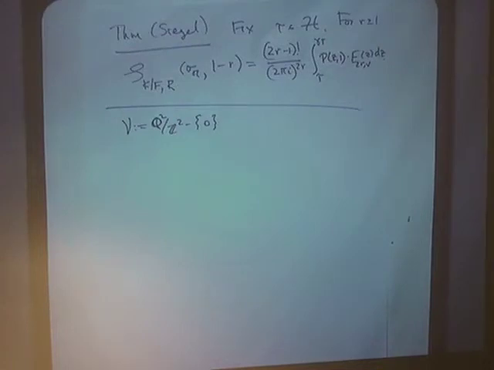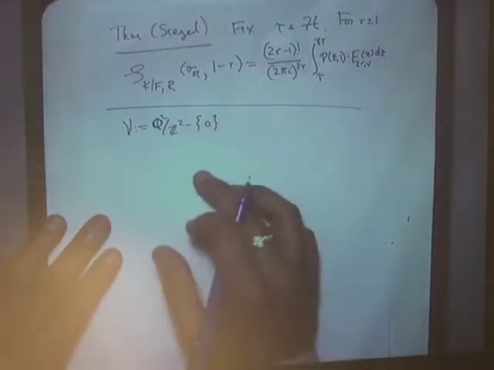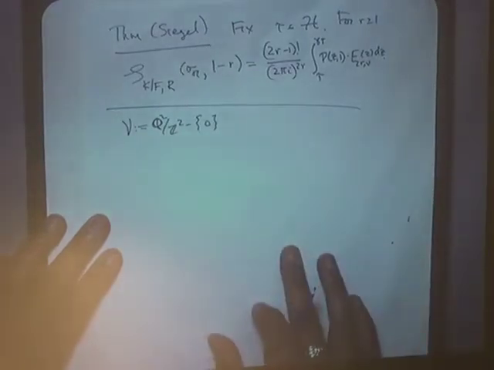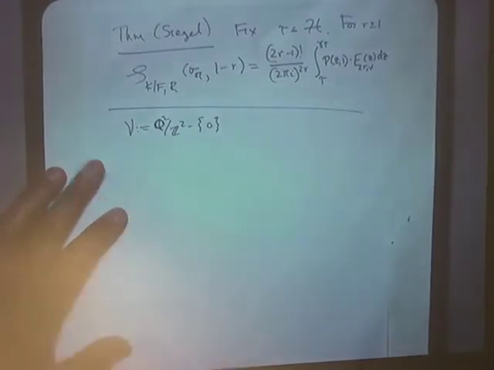The Eisenstein series in weight 2 is okay. It doesn't converge absolutely, but it turns out you can define it as a holomorphic modular form as long as v is not in Z squared. So from now on, I'm just going to take out Z squared, and I'm going to allow myself to plug in k equals 2. When I say 0, I mean the coset of 0 in here, so all of Z squared.